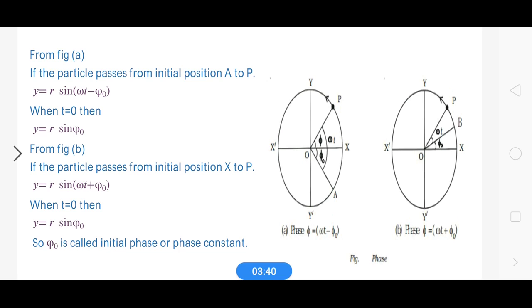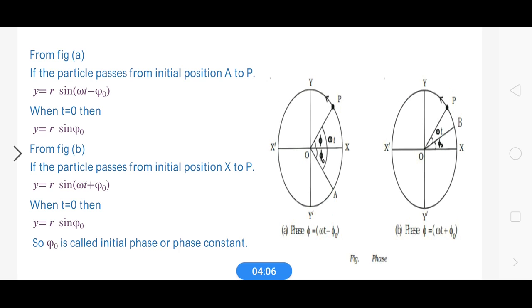In the first figure, the particle is at a point making angle phi naught with respect to the x axis, that is x dash, the horizontal diameter. It makes an angle phi naught at time t equal to 0 seconds. So that is the position of the particle.